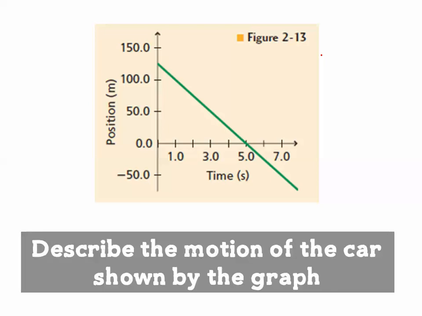Hopefully you realize that the car starts about 125 meters away from our origin point and actually comes toward the origin. After 5 seconds, it passes the origin and continues to move in that same direction past the origin.